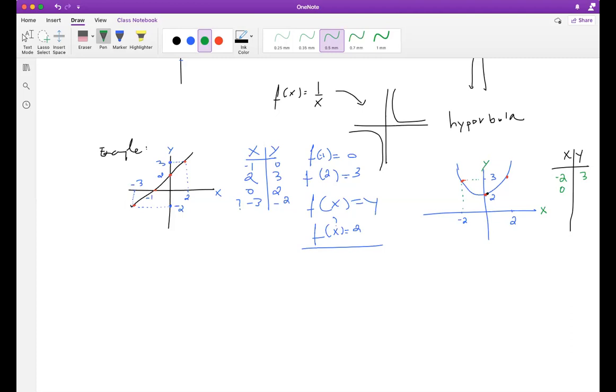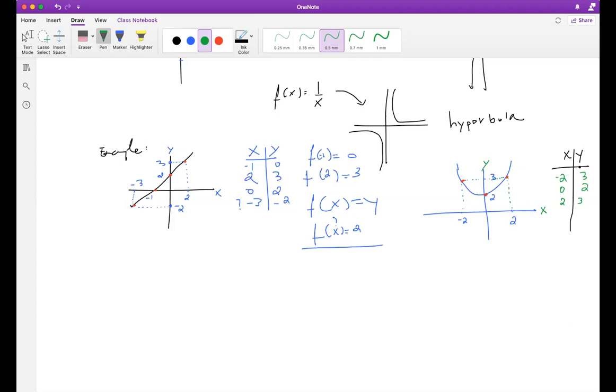Still, it's right here, 2. Now, let me give you another one. For this point, what's the X? 2, and the Y is also 3. Okay, so you can easily go back and forth between these.